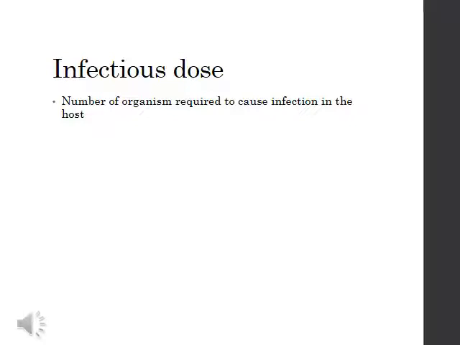In infectious dose, the person is not going to die, but an infection appears and develops. So it is the minimum number of any microorganism that should enter the body for infection, and that dose is the infectious dose, and it is very important in the virulence of any organism.